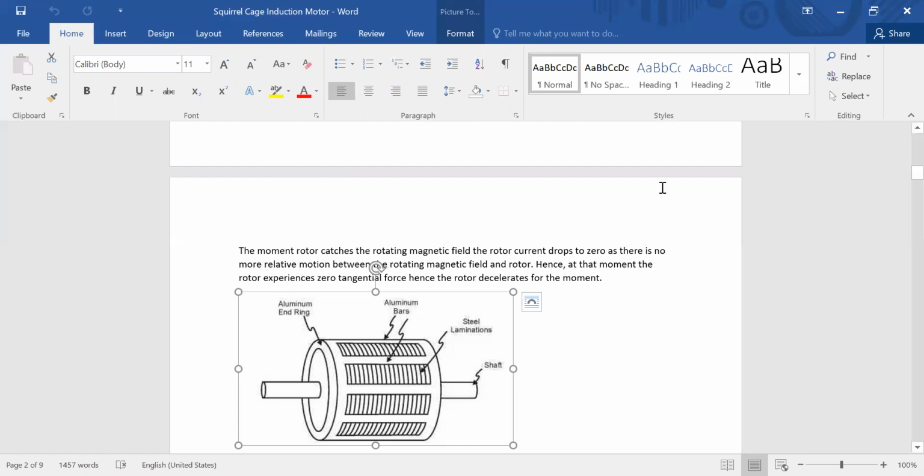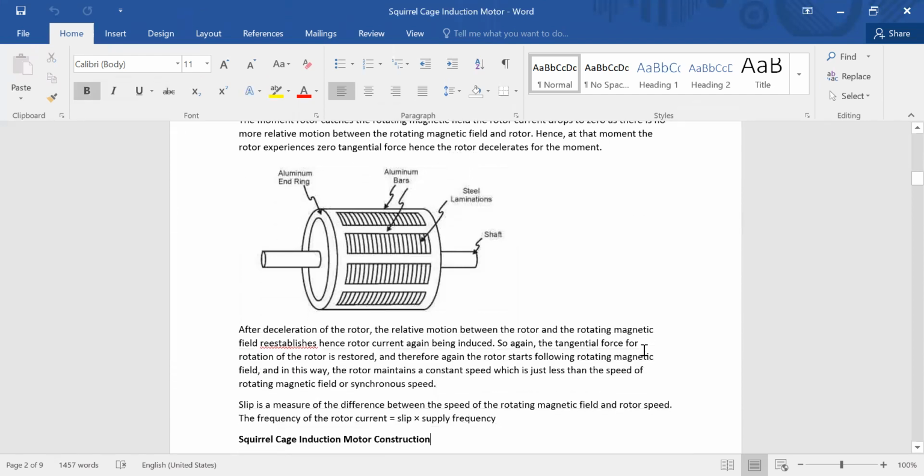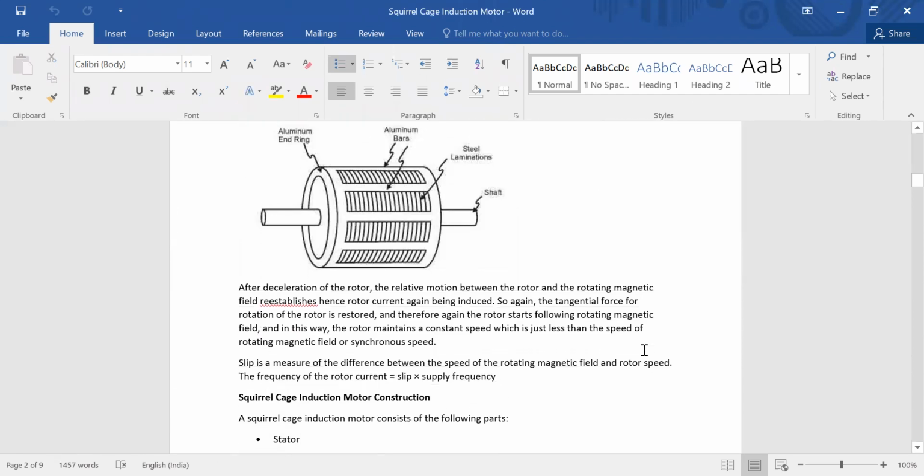It is the pictorial view of the motor. We have aluminum end rings, aluminum bars, steel laminations, and the shaft, which is rotating. So it will decelerate. What will happen after the deceleration of the rotor?